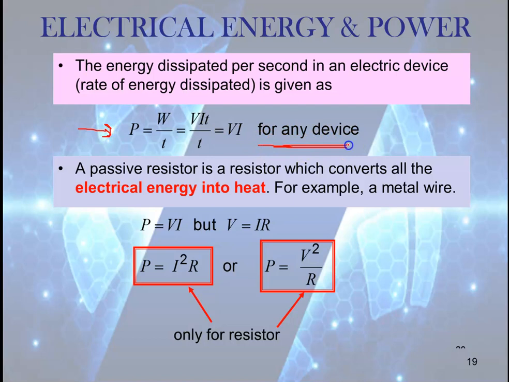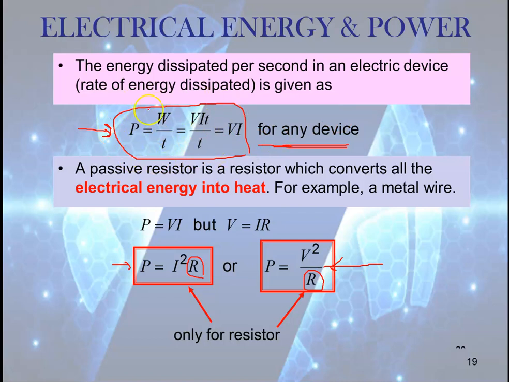But as for a resistor, I will use these two equations, either this one or this one. This is due to the existence of resistance, so I have to consider resistance in my equations. As you can see, the original equation, which is available for any device, has no symbol for resistance.